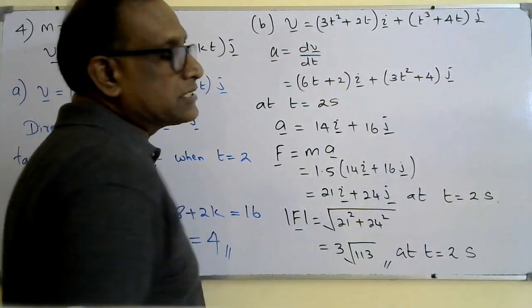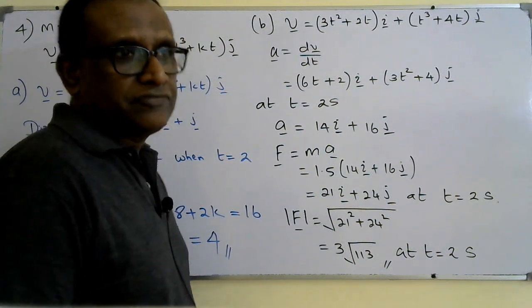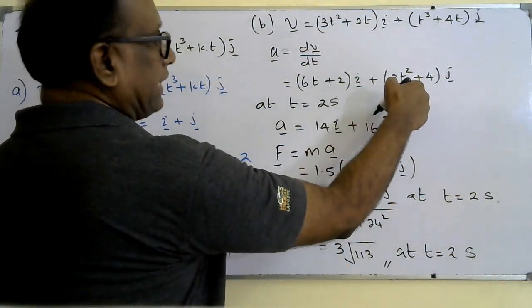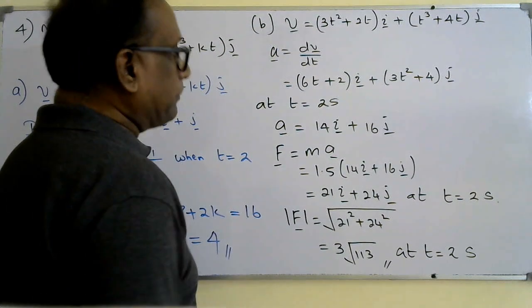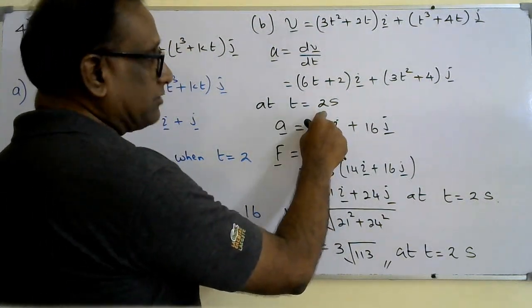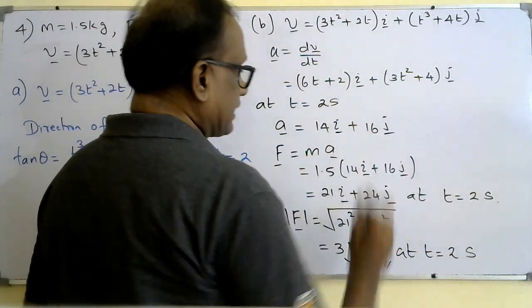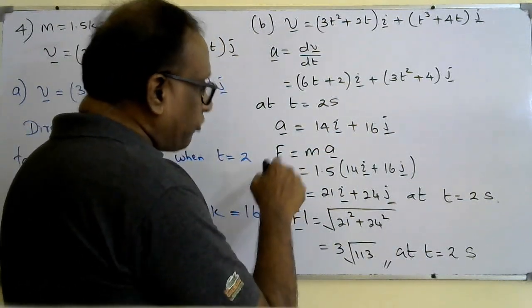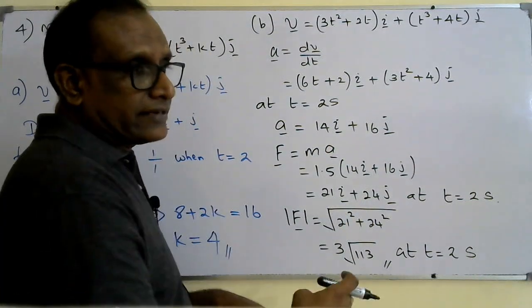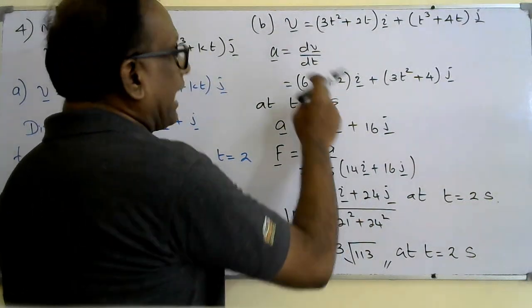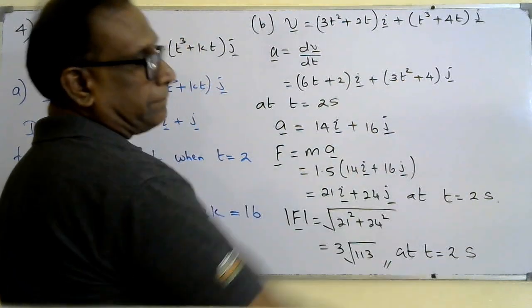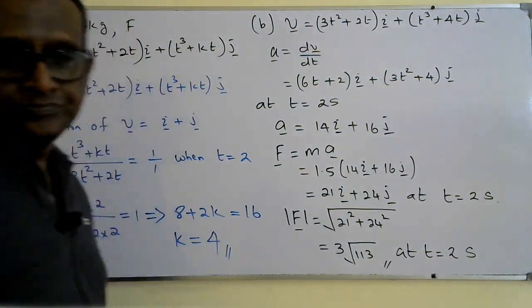So the force also depends on t. But from here I substituted 2 seconds into the acceleration, so I found the acceleration vector at 2 seconds. Then I found the force vector at 2 seconds. So the force vector will be different at different times, because the acceleration vector depends on time t.